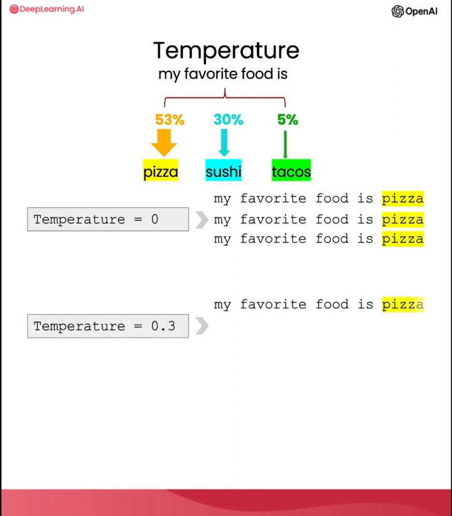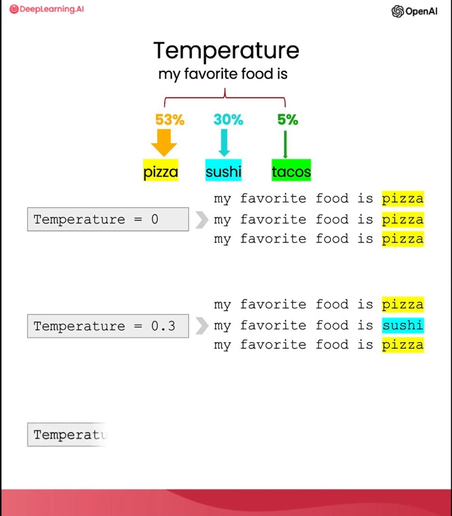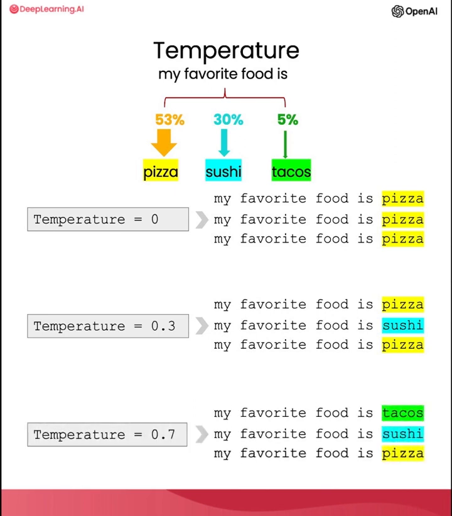And at a higher temperature, it will also choose one of the less likely words, and at an even higher temperature, it might even choose tacos, which only has a 5% chance of being chosen. And you can imagine that as the model continues this final response, so my favorite food is pizza, and it continues to generate more words, this response will diverge from the first response, which is my favorite food is tacos.